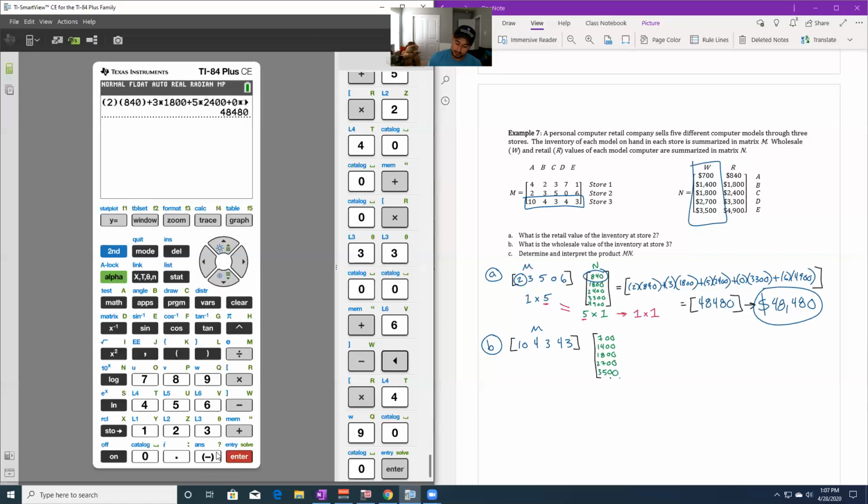This is matrix N. And these should be no different than the ones above them. It's another 1 by 5 times 5 by 1. So again, we would get a 1 by 1 matrix, which means we can just move on to the actual multiplication.